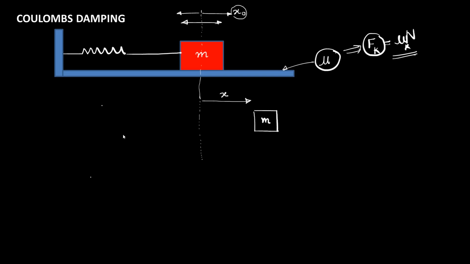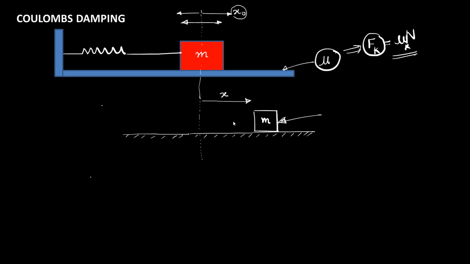Suppose we release that mass from the right side. From this position, it will have the tendency to move to the left side. Right now, at this position to the right of the equilibrium point, we should find the forces which will pull the mass towards the mean position, or towards the left side.